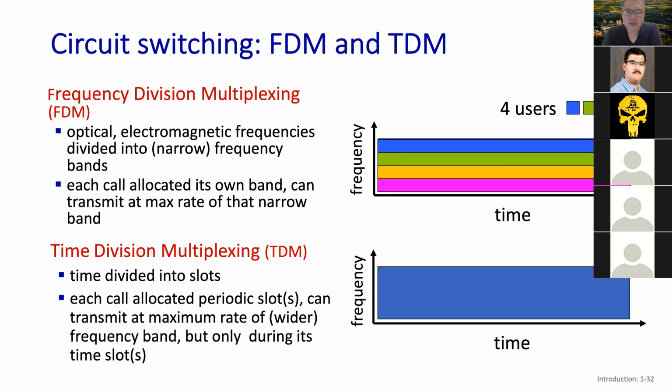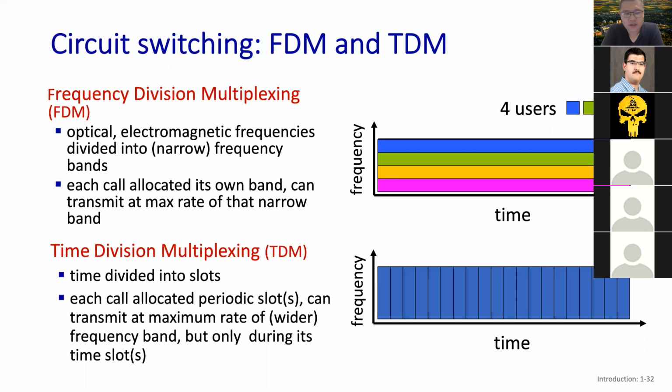In this case, for example, we have 4 users and 4 different frequencies. They can each share 1/4 of the full bandwidth. But for time division multiplexing, it is based on time, right? So they share different time slots, and each user can dominate the full bandwidth or capacity of the link.